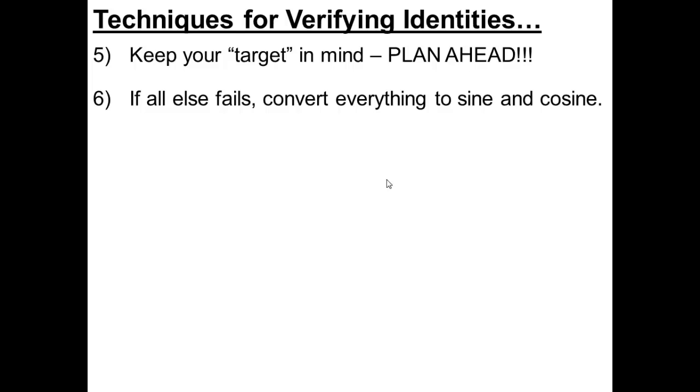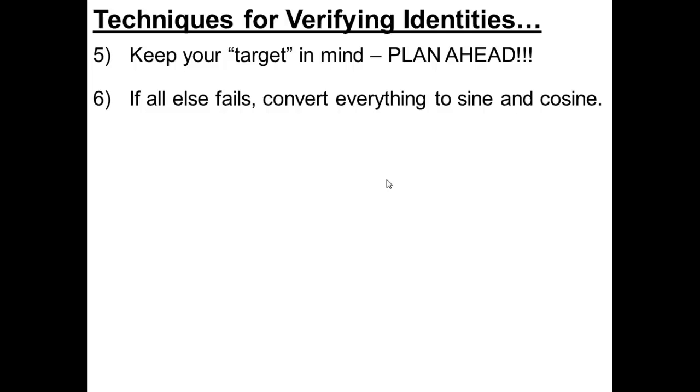Now, I say this as if all else fails. In other words, converting everything to sine and cosine often will make the problem much more difficult than it had to be. If you are always looking for opportunities to factor, opportunities to replace something with an identity, that can often get you to your destination quicker than if you convert everything to sine and cosine.